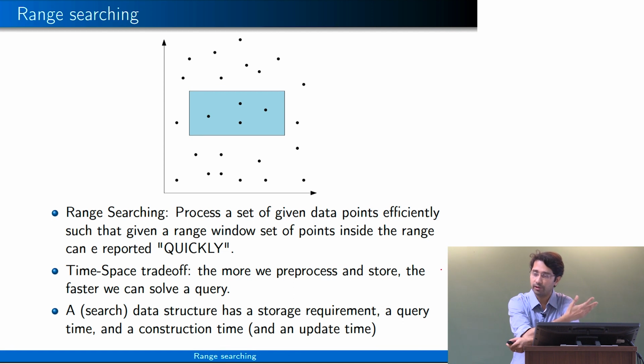Just store the points, and whenever a range comes, for each point, check whether that point is inside the range or outside the range. Definitely a correct solution. First, we have to be sure that whatever solution I propose is correct.